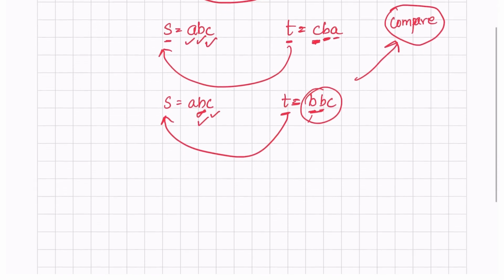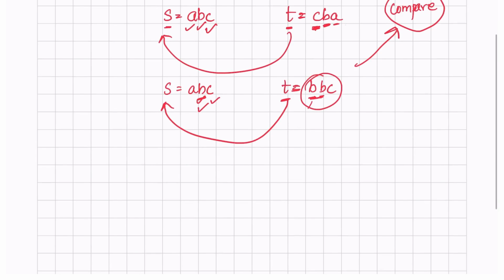We can slightly improve this. How can we improve this? The easiest possible way to improve this is to sort. We can sort both the strings, S and T, and then do a compare.